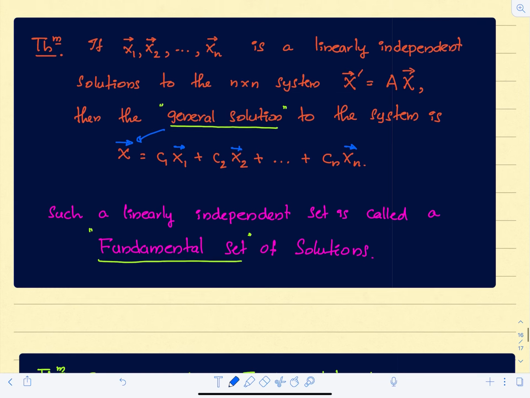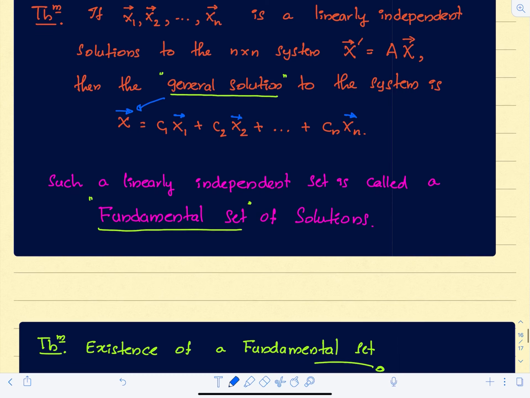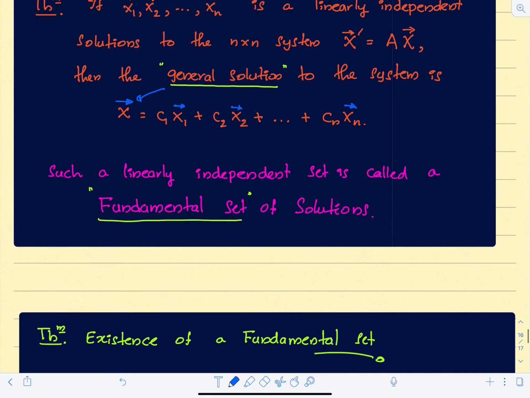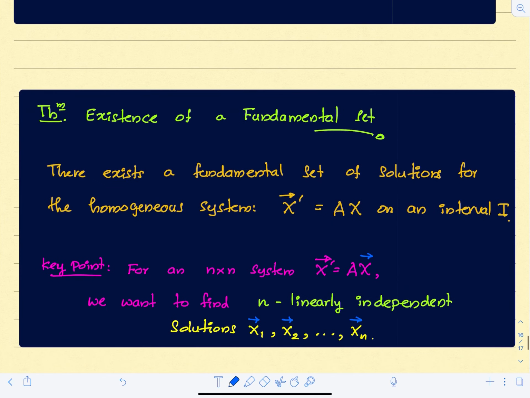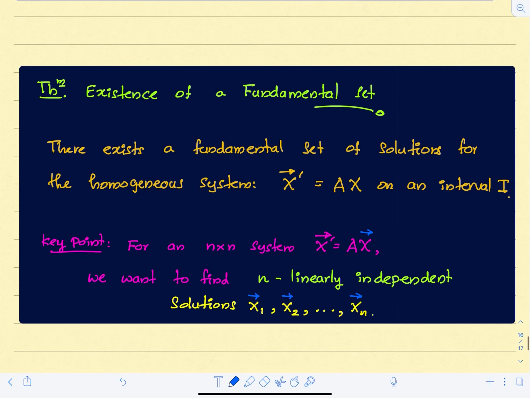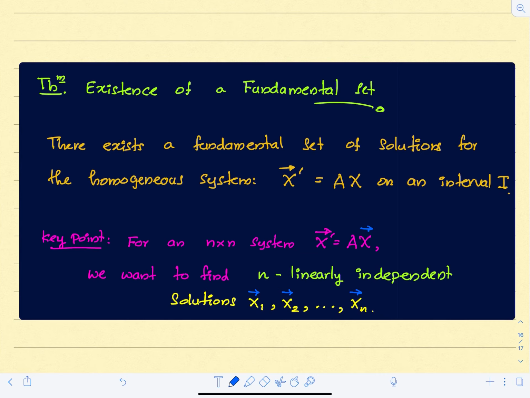Now, how do we know whether we have n linearly independent solutions or not? Well, we have this existence theorem of a fundamental set. So basically this theorem says if we have a homogeneous system, then there exists a fundamental solution set. So basically we have n number of linearly independent solution vectors.